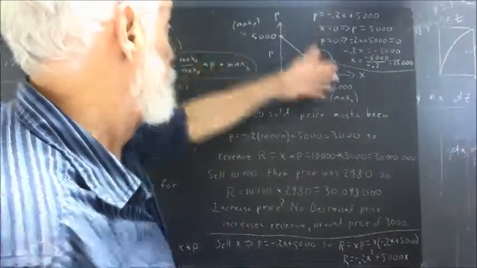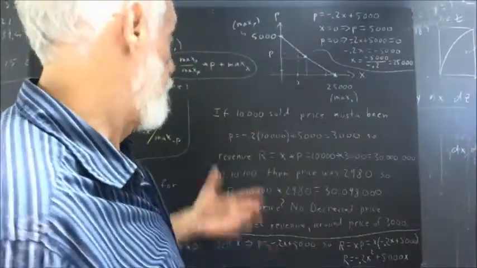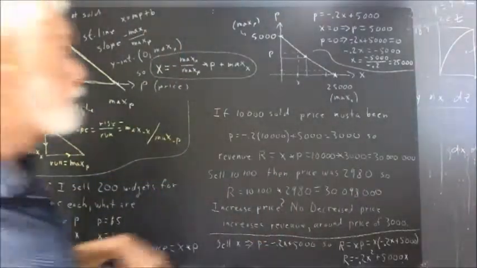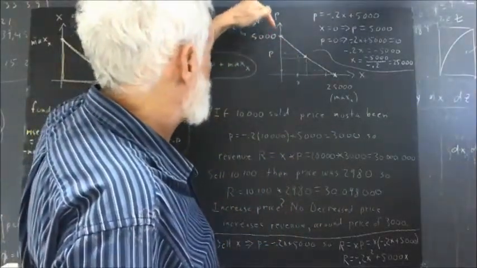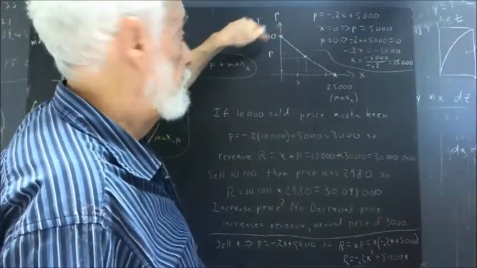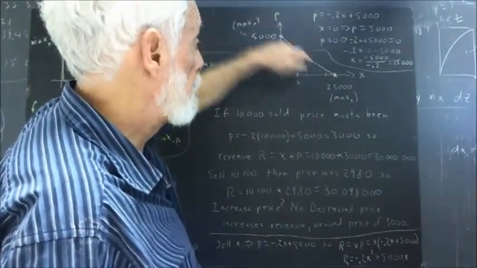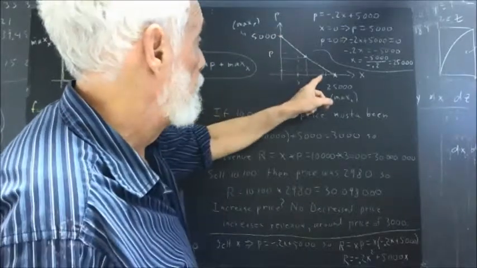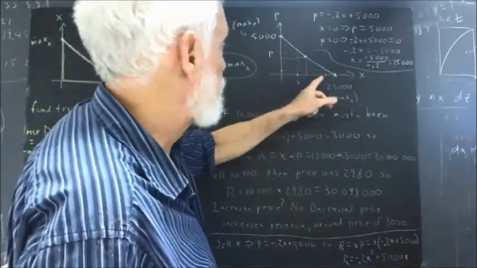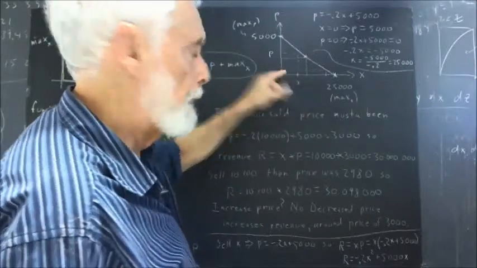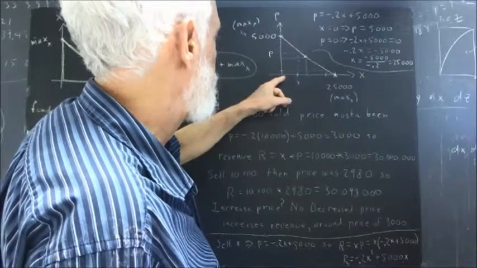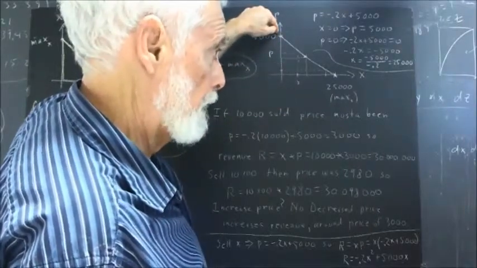Now, those values have interpretation, as we saw previously, and as is kind of mentioned here also. The 5,000 is the price at which the number sold first reaches 0. Okay, as the number sold decreases, well, that happens because the price has gone up. And as X approaches 0, price approaches 5,000.